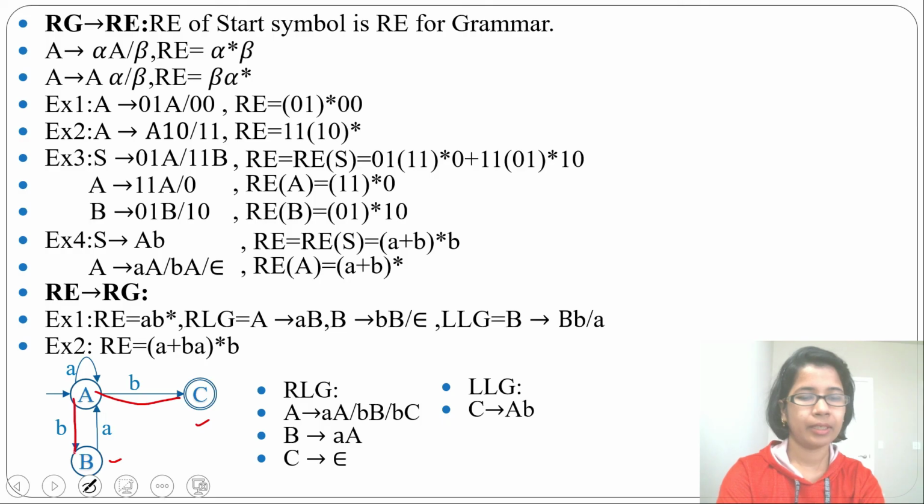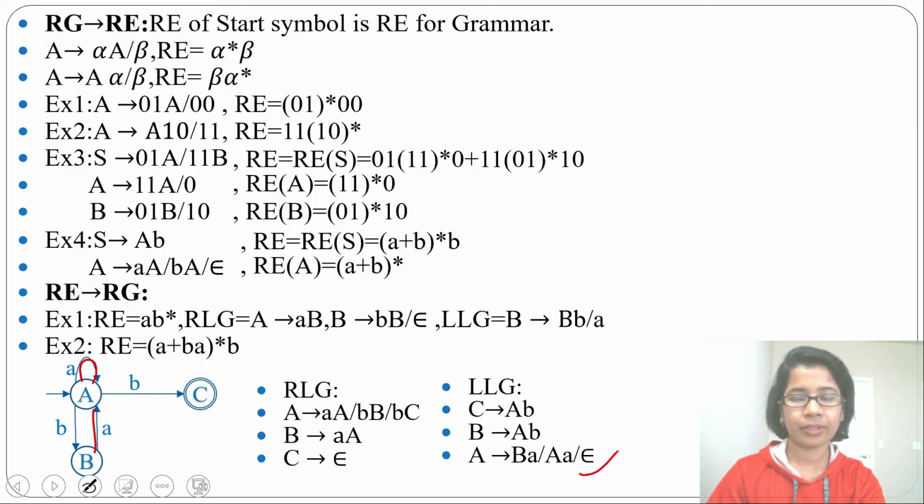This is one in degree. From A by b, you can reach B. Just write B tends to Ab. Next, we will do state A. For state A, what are the in degrees? This is one in degree and this is one in degree. From A by a, you can reach A, and from B by a, you can reach A, and it is the initial state, so an epsilon transition will be there.